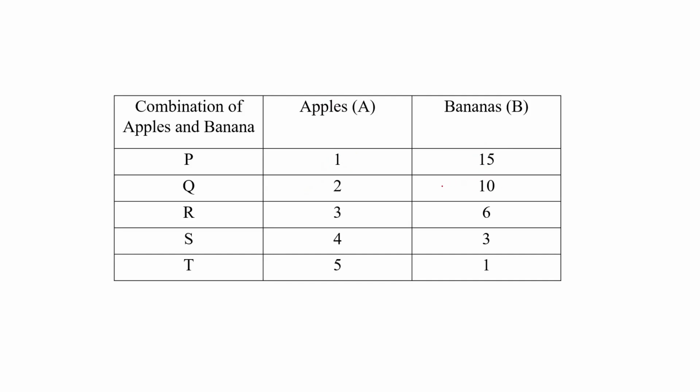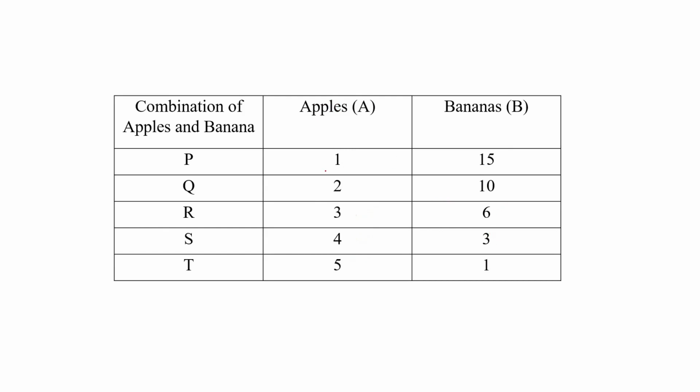That means he is reducing his consumption of bananas by 5 units. In the next levels, you can see the consumption of 3 apples, then 4 apples, then 5 apples, but in case of bananas this is 10, this is 6, this is 3, this is 1.